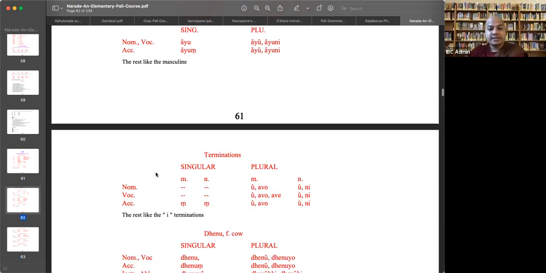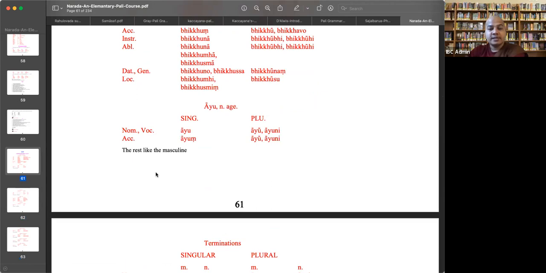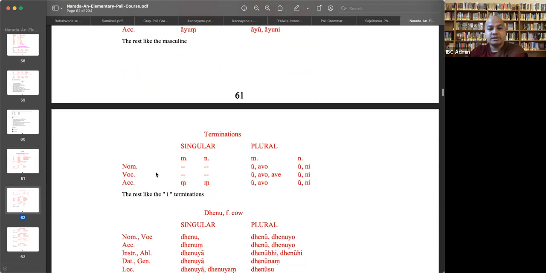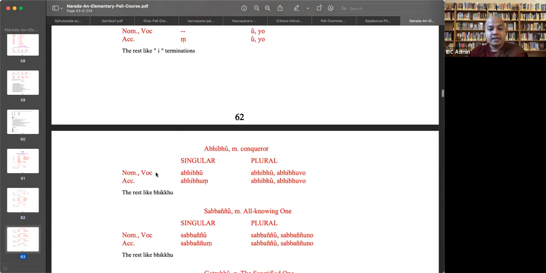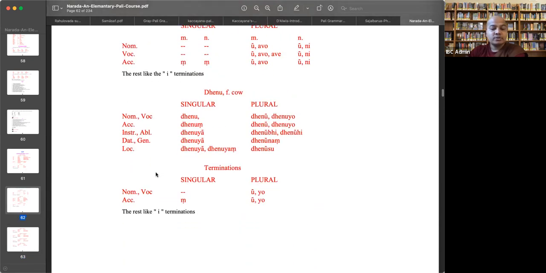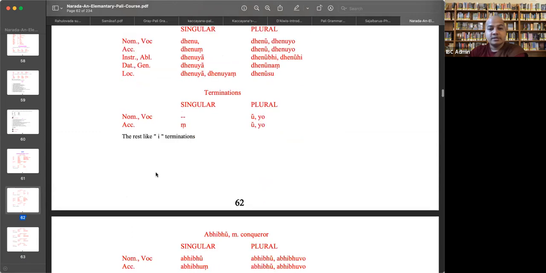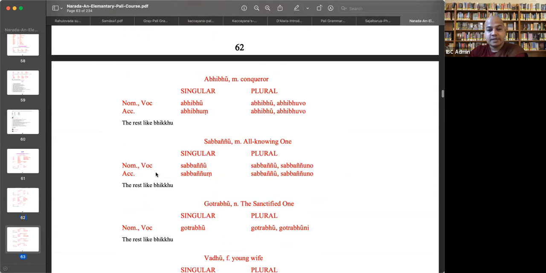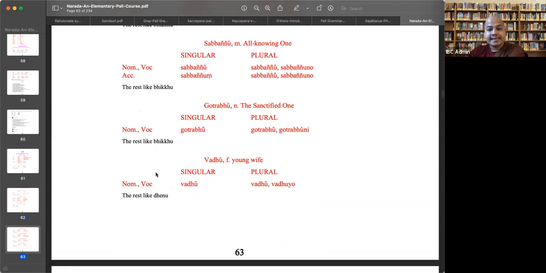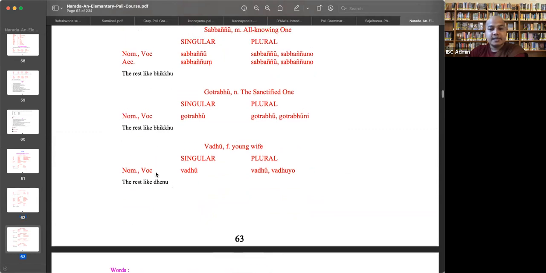Because it says that the declension of neuter gender nouns ending in short u, and also the declension of masculine and neuter gender nouns ending in long u, are more or less the same, except for a few differences. And the declension of feminine gender nouns ending in short u and long u are also the same.